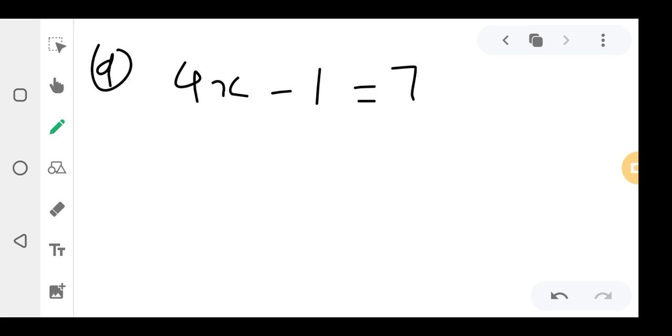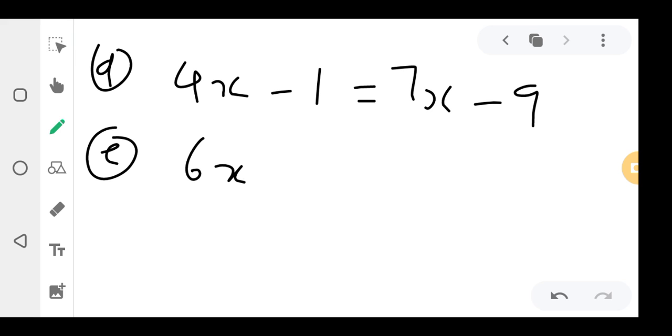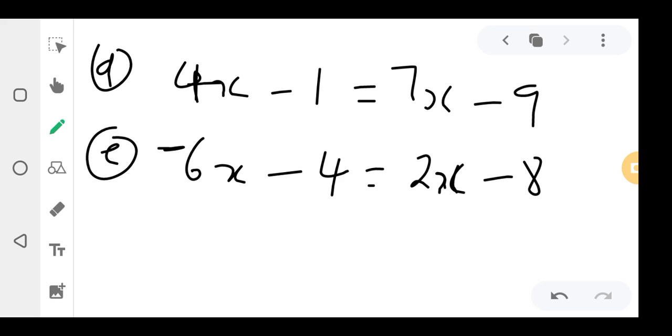Okay. Question D, 4x minus 1 is equal to 7x minus 9. Okay. E, negative 6x minus 4 is equal to 2x minus 8.